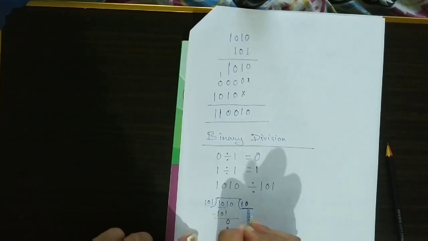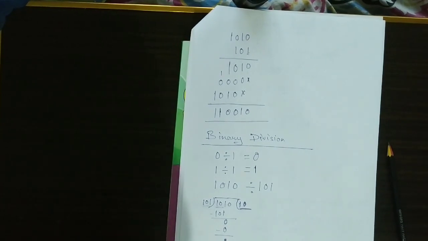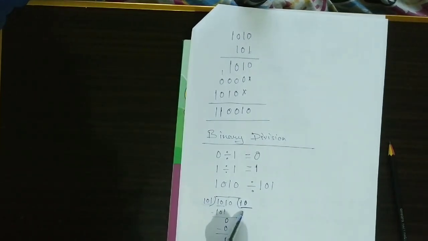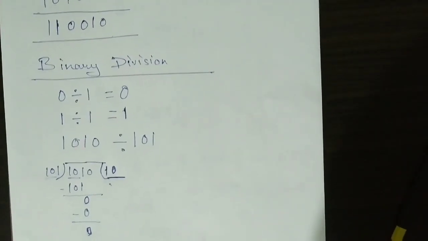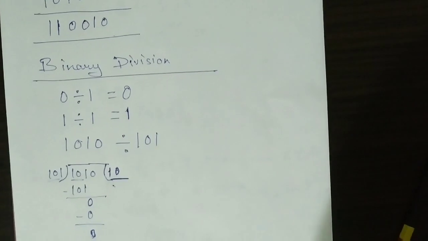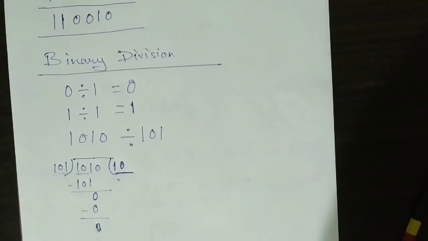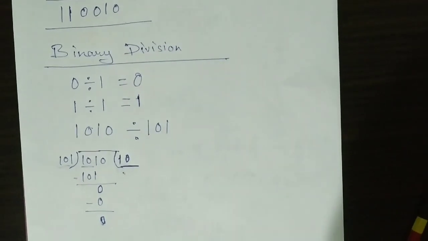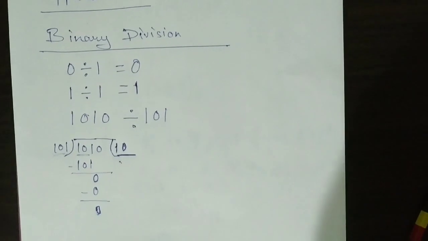So this is your answer. Means when you divide 1010 by 101, then the answer will be 10. So this is how your computer does arithmetic calculation, means binary addition, binary subtraction, binary multiplication, and binary division.